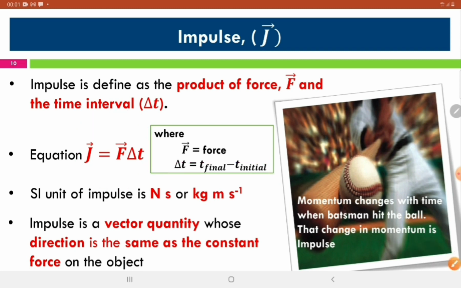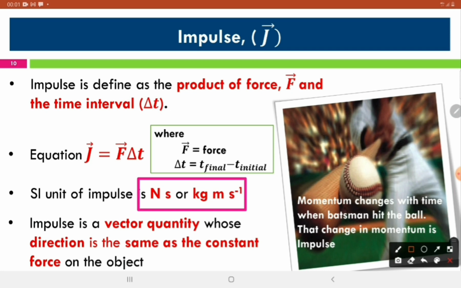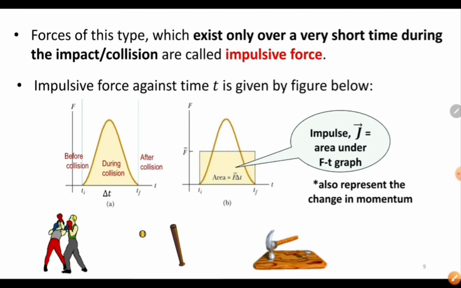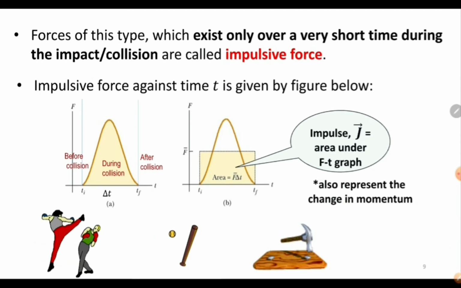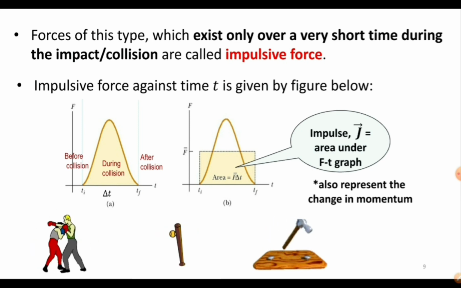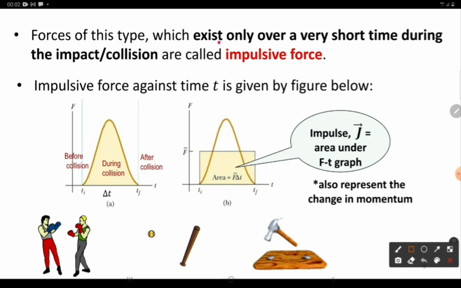The SI unit for impulse is newton second or kilogram meter per second, the same unit as momentum P. Impulse is a vector quantity whose direction is in the same direction as the constant force F. Force of this type, which exists only over a short time during an impact or collision, is known as impulsive force.